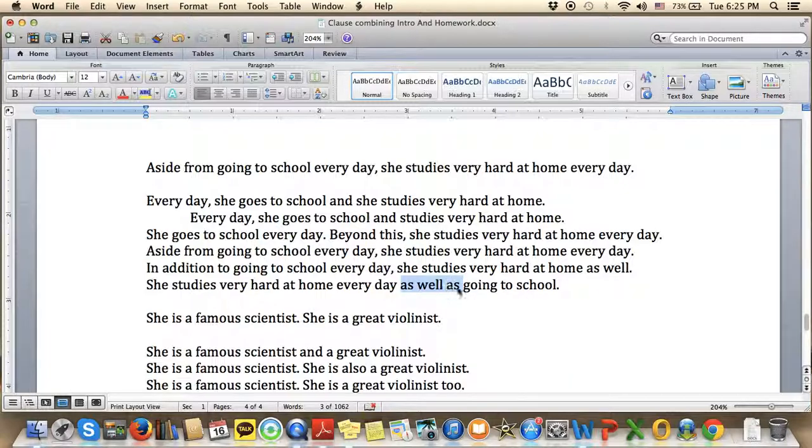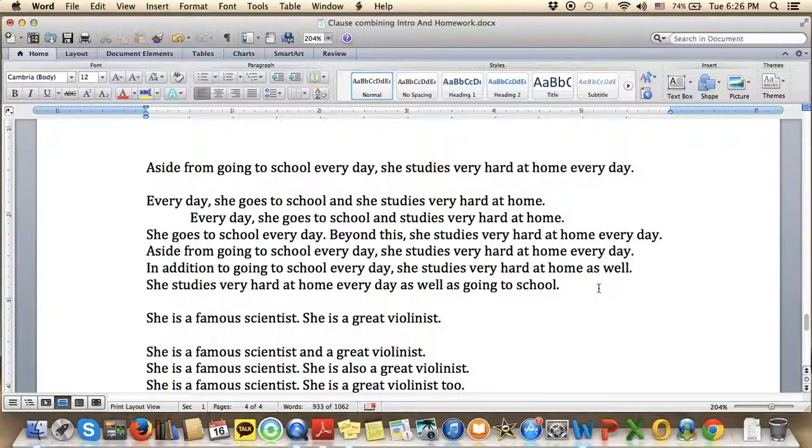Because it's a preposition, it requires a noun right after it. If I just have as well, it's not a preposition, it's actually an adverb, just like tomorrow, quickly, slowly, whatever it might be right there. This is an adverb. This right here is actually a preposition, so we have to be careful with that. Always put a noun phrase after it.